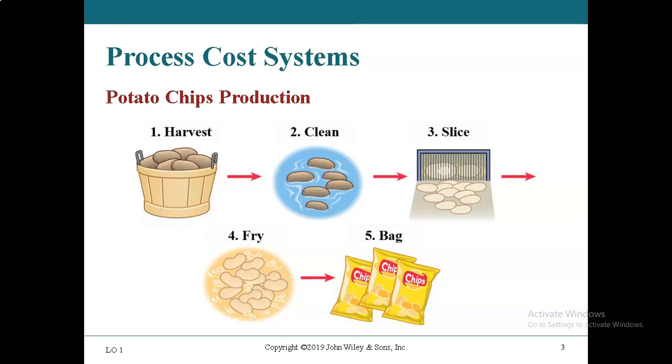Every bag of potato chips is the same as every other bag. We're just going to assume that this company only makes one type of potato chips and only one size. So process costing would make sense if you have a product that's made continuously. It's always the same every time.